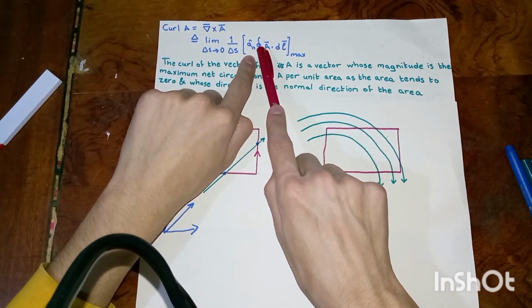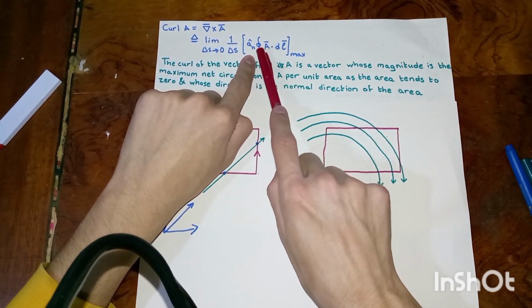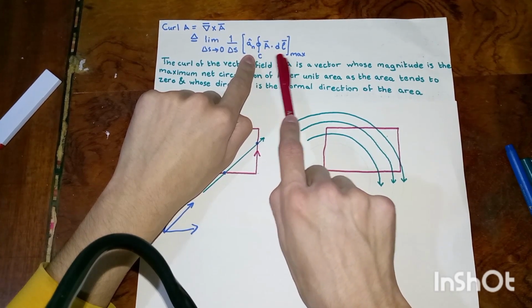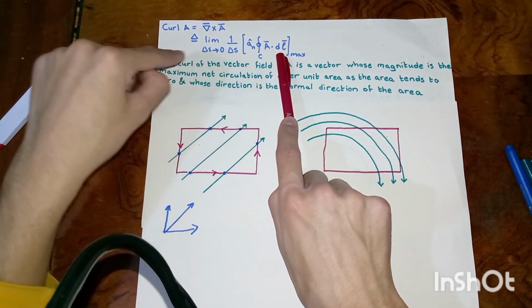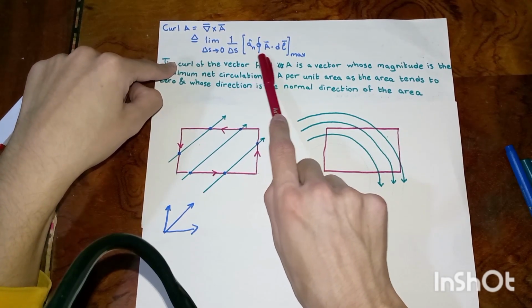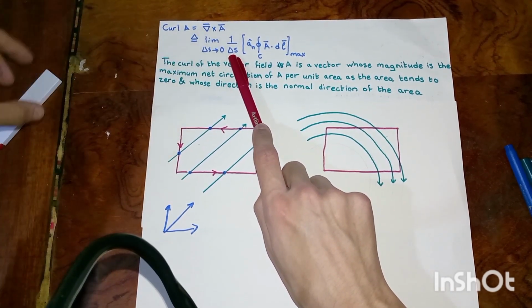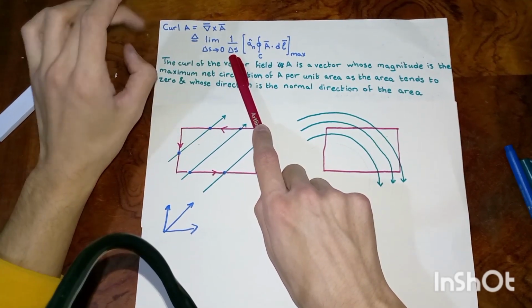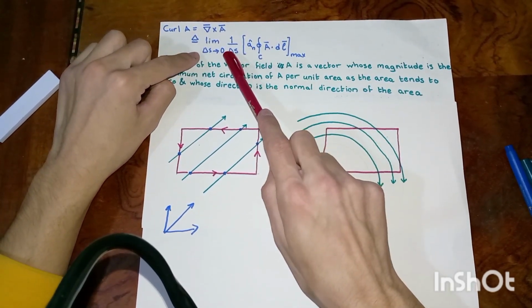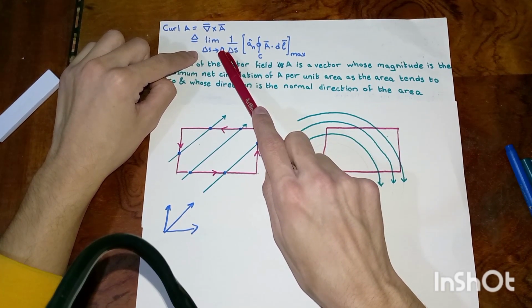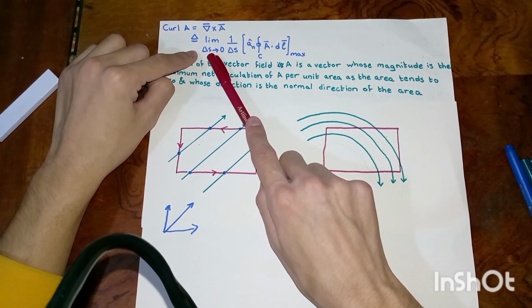We know that it's closed because of this circle, or we can say that this path is bounded by some area. Then we divide this integration by the area of the surface that we integrated around, and we make this area so small, negligible, and tending to zero.